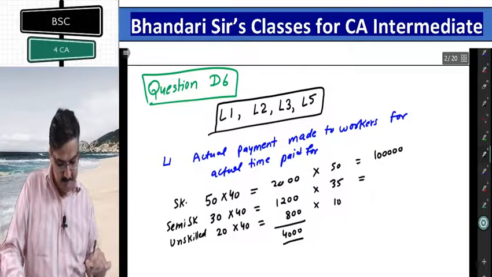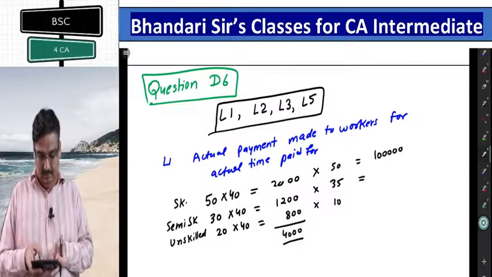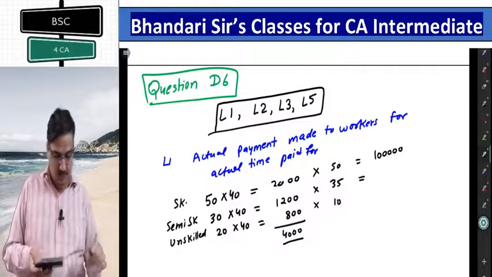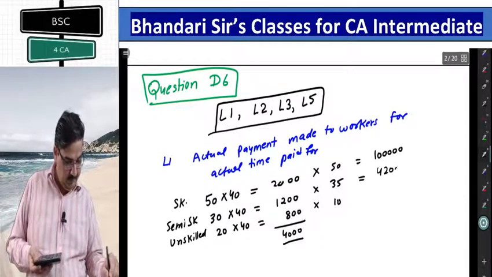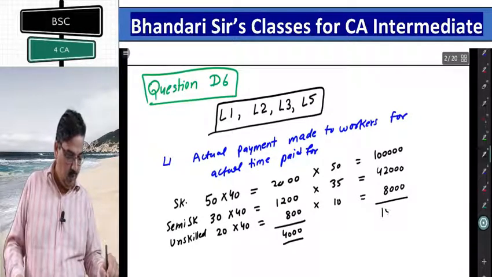That gives 1 lakh, 35 into 1200 is 42,000, and 8,000. The total 1,50,000 is L1.